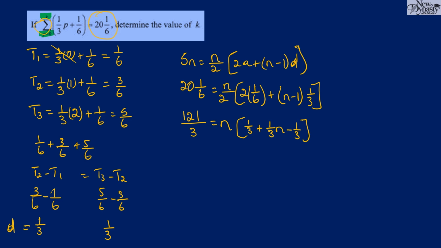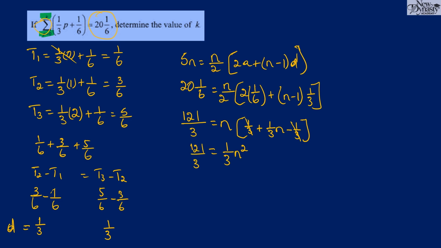So you can simplify inside the brackets: 1 over 3 and minus 1 over 3 are going to cancel each other. You'll be left with n multiplied by 1 over 3n. Multiply n and n, that is going to give you n squared. So you're left with 21 over 3 on the left hand side.